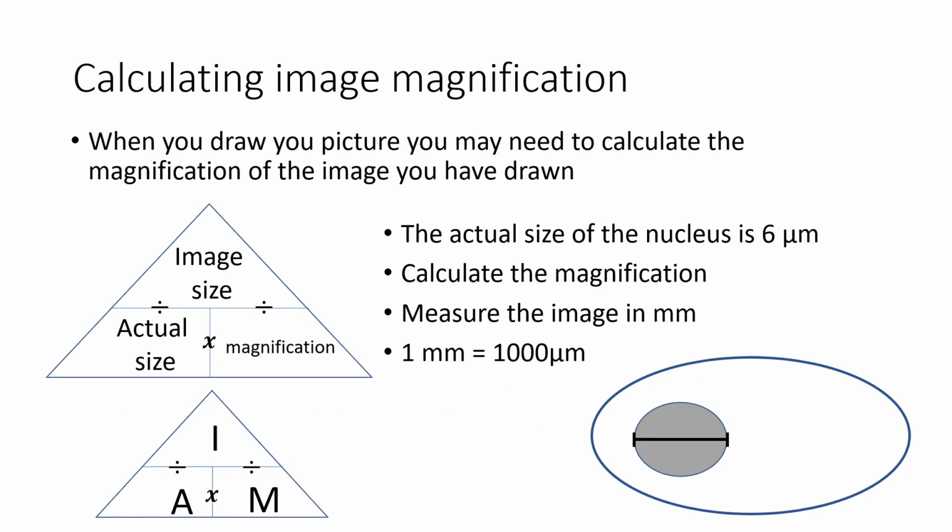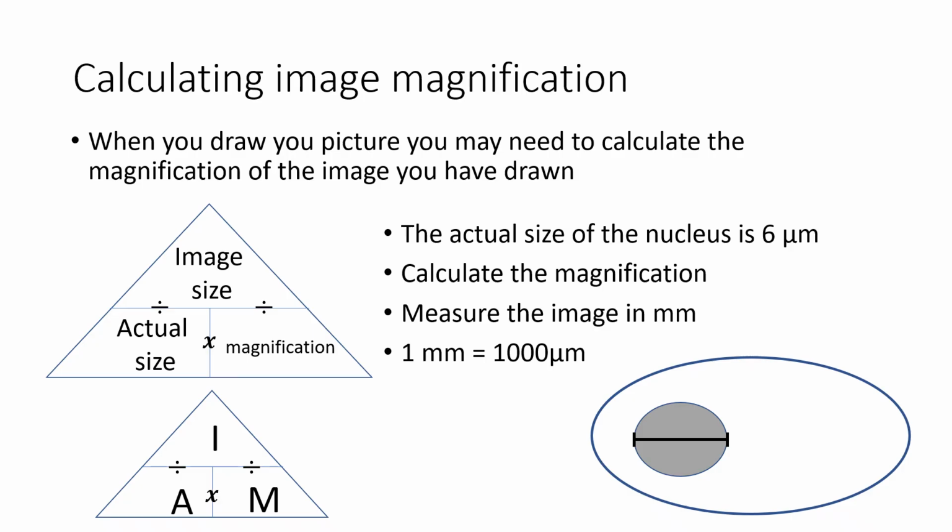One of the most common questions in the exam is about the magnification of a drawing, or the magnification of something on a slide, and how you move between those two numbers. It uses what's called the I-AM equation. It's got the letter I on the top of what I refer to as a Smurf, a simple method for understanding and rearranging formulae. You may see a similar type of diagram in your math lessons, which is a triangle.